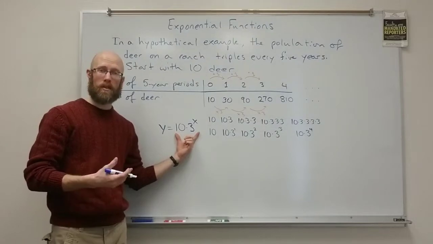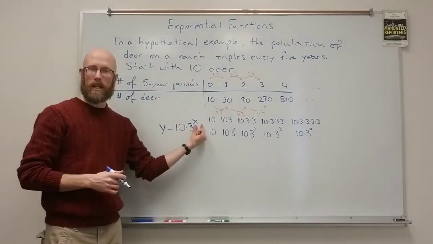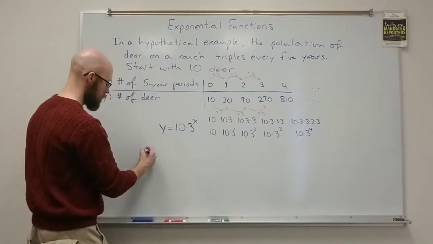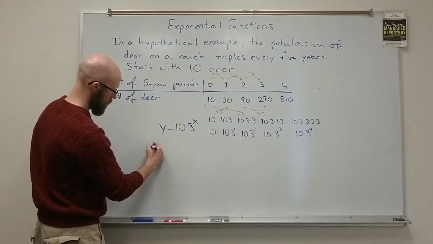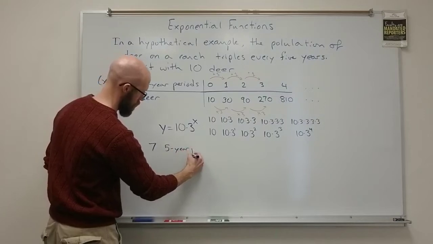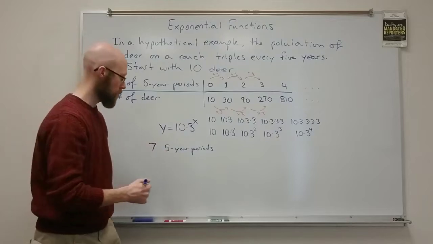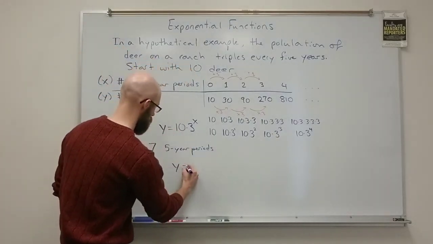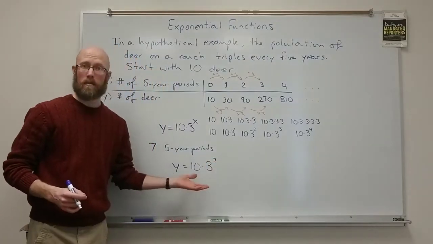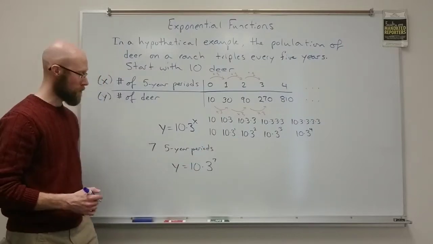This model, this equation, will give me any number of deer after any number of 5-year periods. If I wanted to figure out, say, the number of deer after 7 5-year periods, well, that would be y equals 10 times 3 to the 7th. Now this you might need a calculator for. I'm not even sure what it is, but it's a relatively large number, okay?